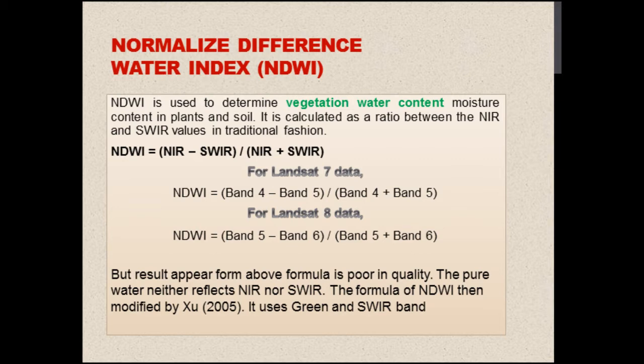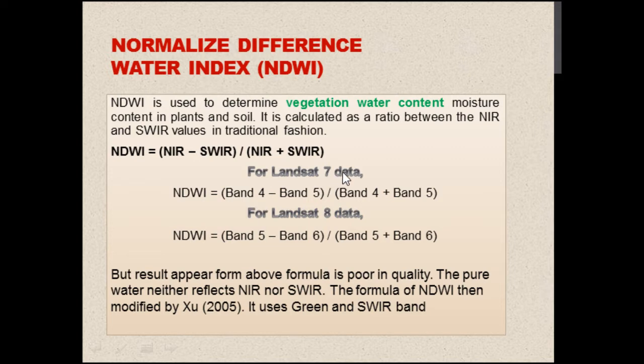It is calculated as a ratio between the NIR and SWIR values in the traditional fashion. As you can see, this equation is for estimating vegetation water content, not the change in lakes.